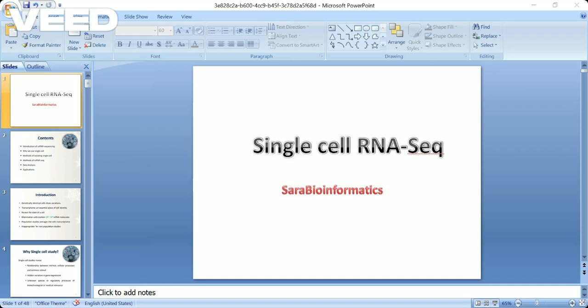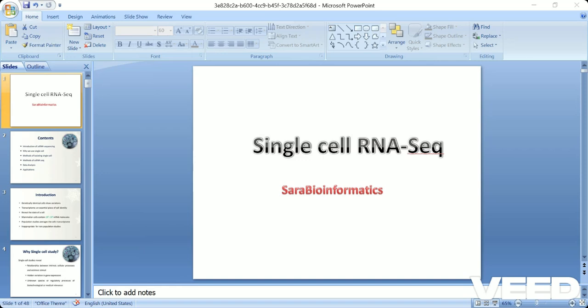Single cell RNA-seq data analysis pipeline. First step, pre-processing and quality control, filtering out low quality cells and genes. Second step, normalization.